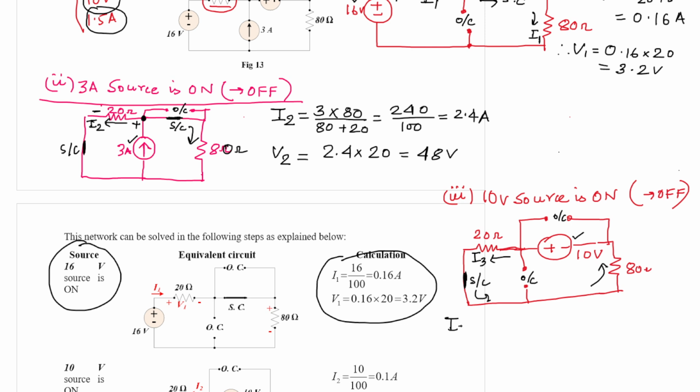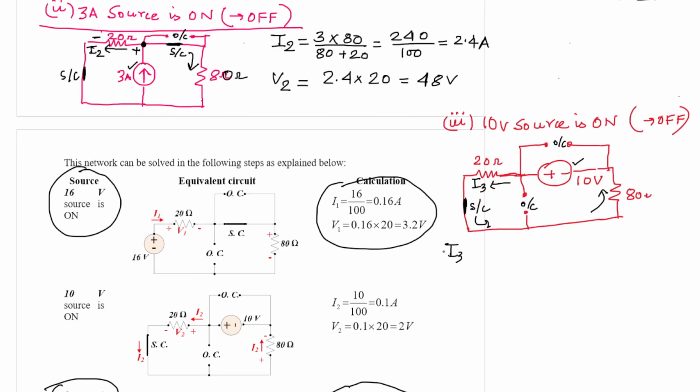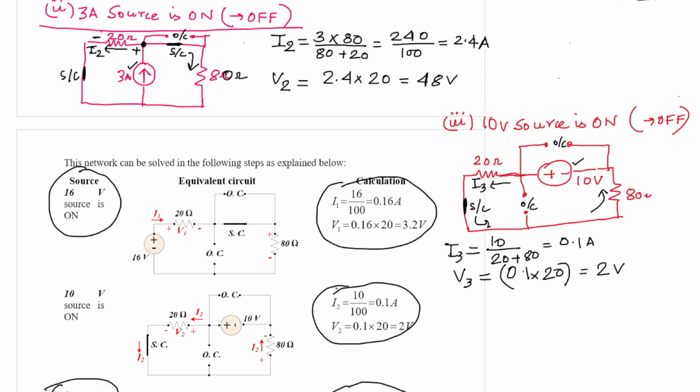So I3 is effectively nothing but 10 by 20 plus 80, which is equal to 0.1 ampere, and V3 is nothing but 0.1 into 20 volt, which is equal to 2 volt, right, which is solved here.